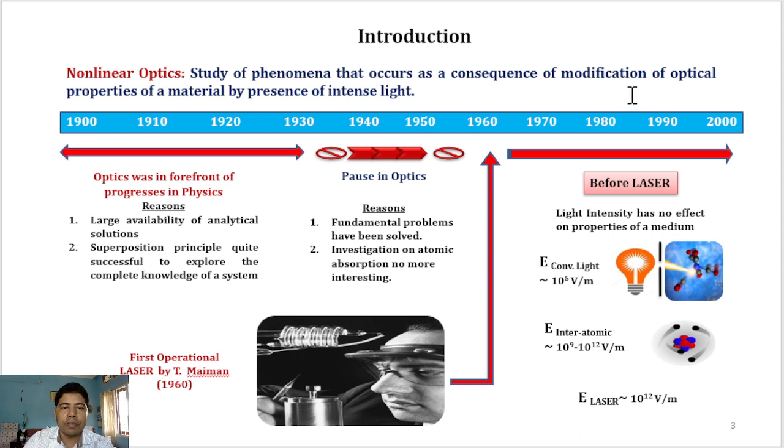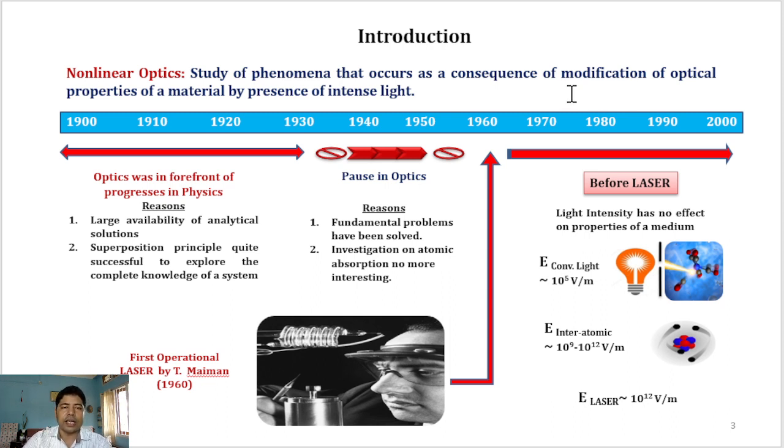Optical properties of material can be modified by light, but when it was ordinary light whose intensity was very low, before the advent of laser, it was unable to modify the properties of matter to a greater extent. So we were able to see only a few optical properties of matter.